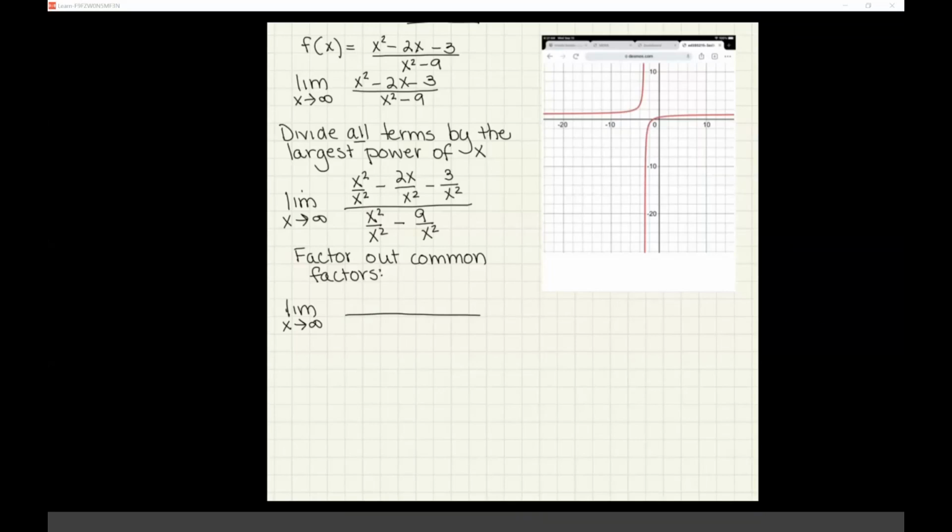When you've got a numerator and denominator that match, you've got a 1. Then I'm going to divide out 1 power of x. So I have an x to the first in the numerator, x to the second in the denominator. If I cancel out one of those, I'll have 1x in the denominator. And then this is 3 over x squared. Nothing simplifies there.